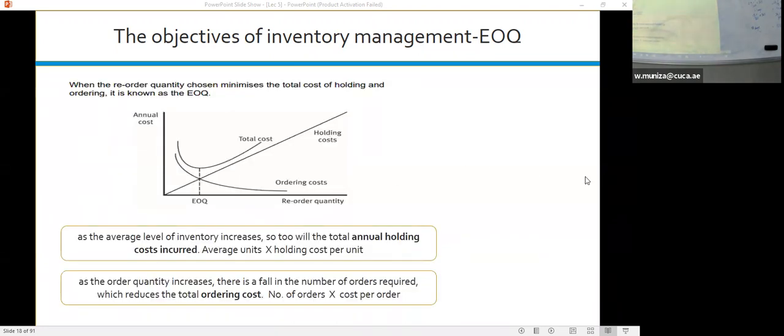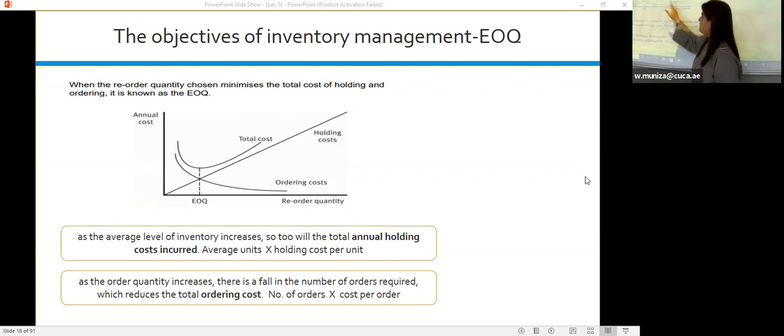Now, students, in this graph, if you can see, whenever the quantity which you have to reorder is going to increase, your holding cost is also going to increase. Got it? Whenever the reorder quantity is increasing, your ordering cost is going to reduce.